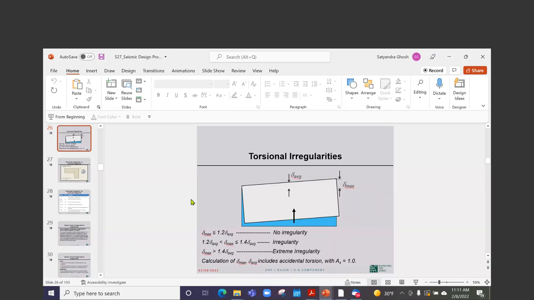So you can judge by comparing the interstory drifts, not deflection, whether you have a soft story or not. Interstory drifts are the reciprocal of stiffness.